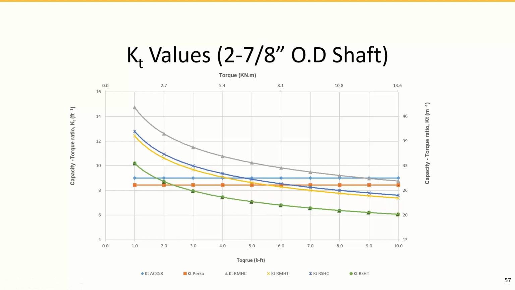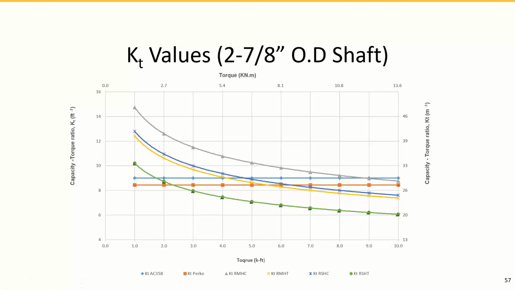Now, what I would like you to get from this is that this standard KT value that we're using based on AC58, and whatever the helical pile industry is using based on shaft size only, they underestimate the helical pile capacity at low torque and they overestimate it at high torque. That's what I've seen.